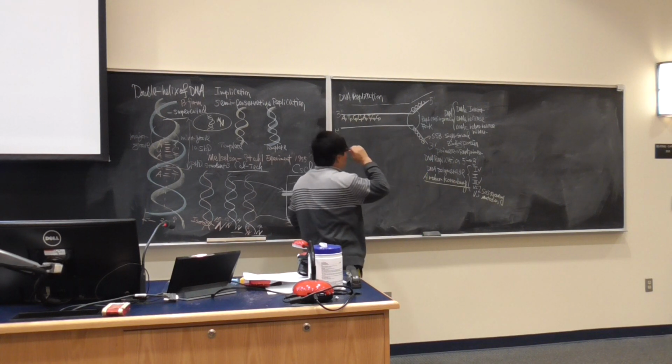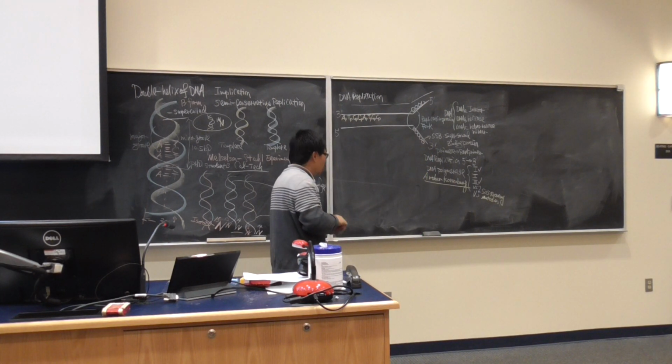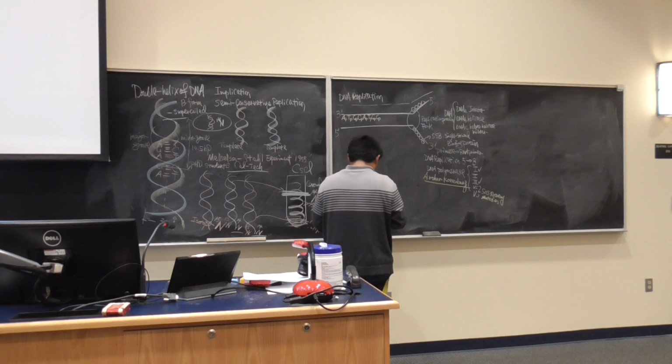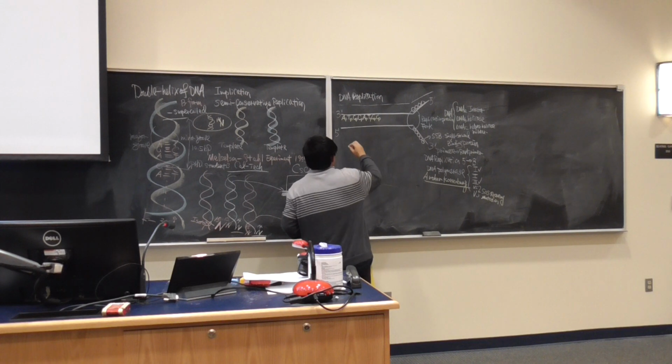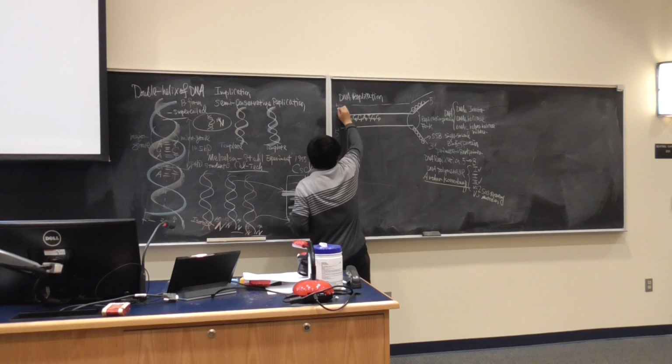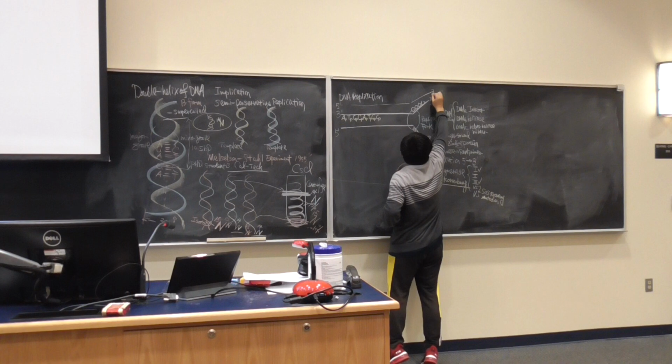Okay, so the replication is from 5 prime to 3 prime. So what are we going to synthesize? Based on complementary pairing, this will be from 5 prime to 3 prime.